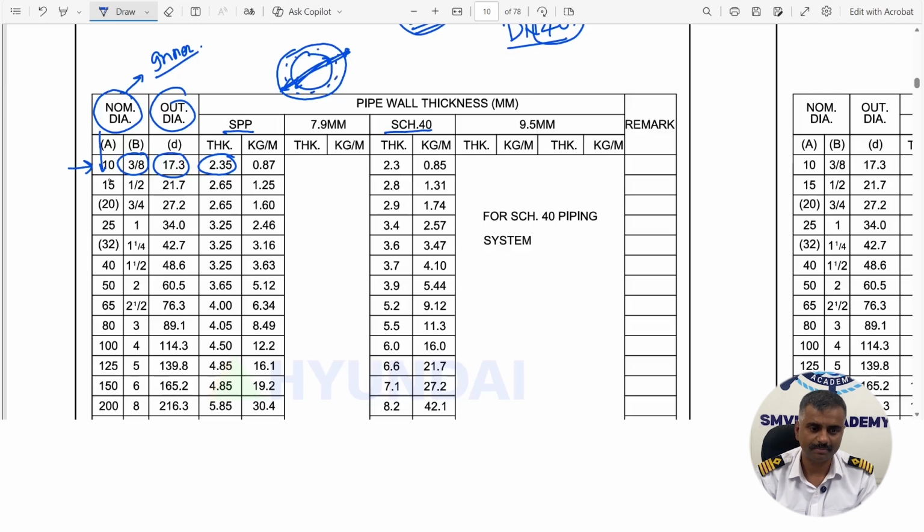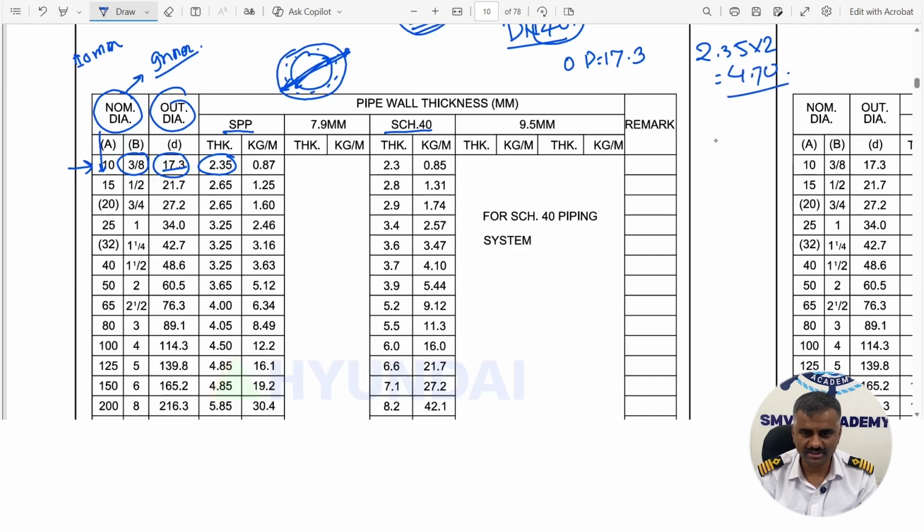Chalo, let us take an example. Say this is the 10 nominal dia pipe. The outer diameter has been given as 17.3. The thickness is 2.35, so 2.35 multiplied by 2 will be 4.70.